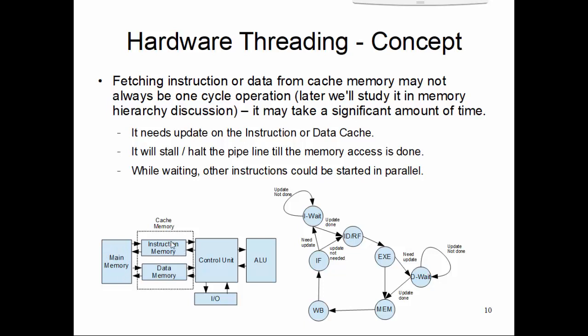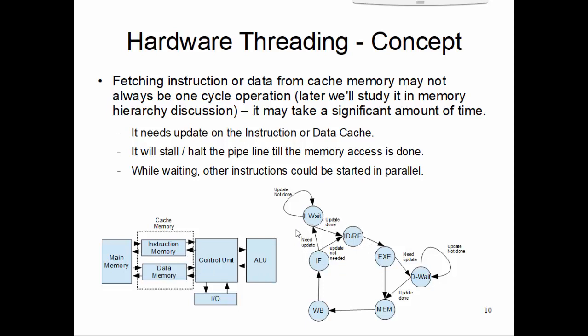That means from this instruction fetch, this whole memory system needs to tell the control unit that, hey, halt, wait a minute, I need to bring those data from the main memory and then I can serve you.